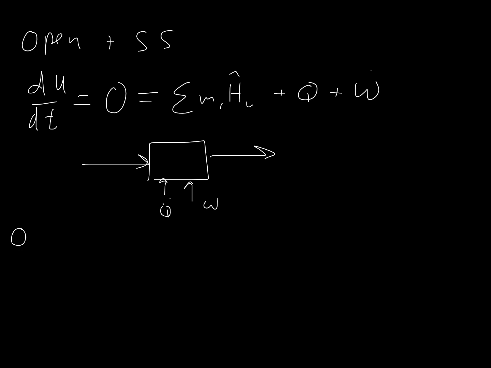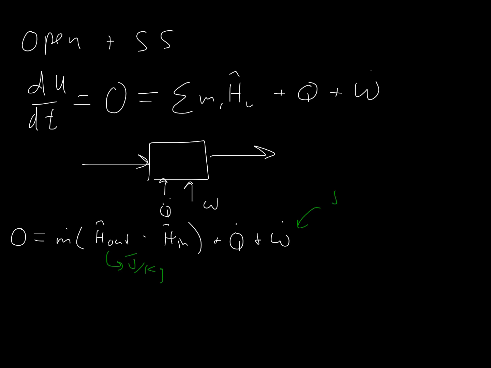In which case we have 0 is equal to the mass flow rate times the enthalpy out minus the enthalpy in, plus rate of Q plus rate of W. And again, as a reminder, the hat in this case is joules per kilogram. So that everything we're adding up is going to be in terms of power, because this is a differential form.